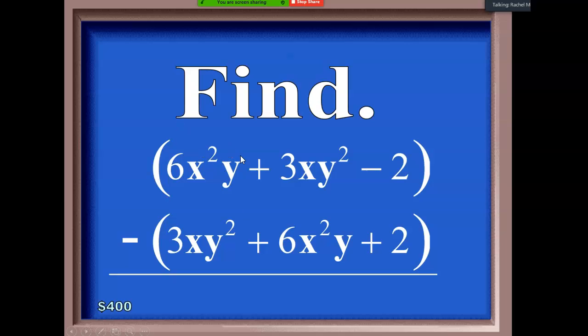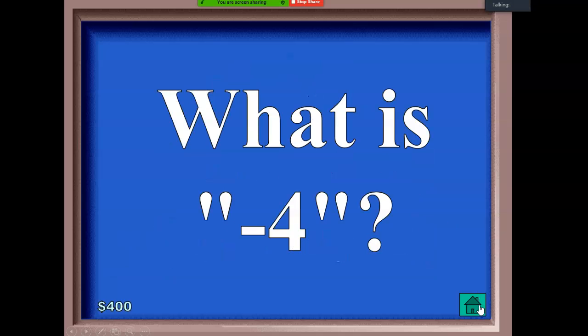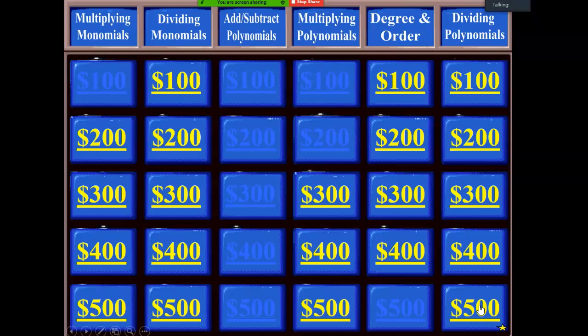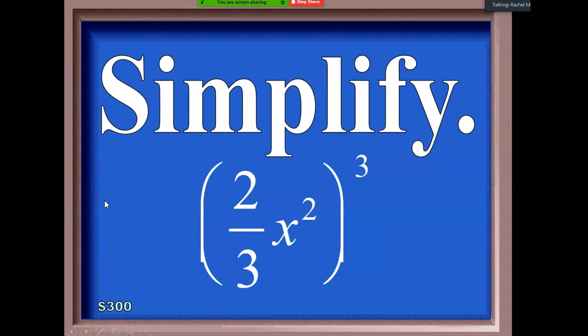Okay, so 6x squared y minus 6x squared y zeroed out. 3xy squared minus 3xy squared zeroed out. However, negative 2 minus 2 became negative 4. All right, category and points, Noel. All right, multiply those monomials for 300. 2/3 x squared, all cubed.